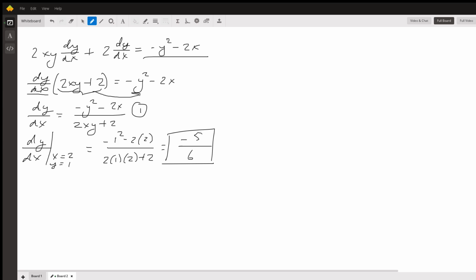So dy/dx at x equals 2, y equals 1, we are going to get negative 1 squared minus 2 times 2 over 2 times 1 times 2 plus 2. And the slope of the tangent line at (2, 1) will be negative 5 over 6.